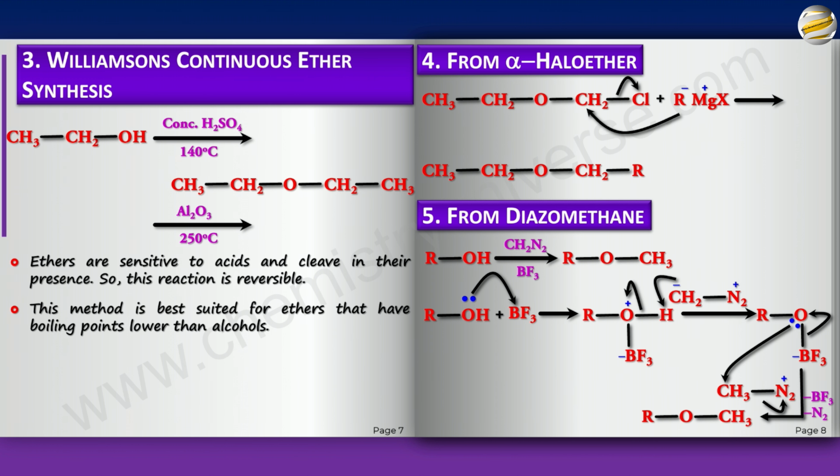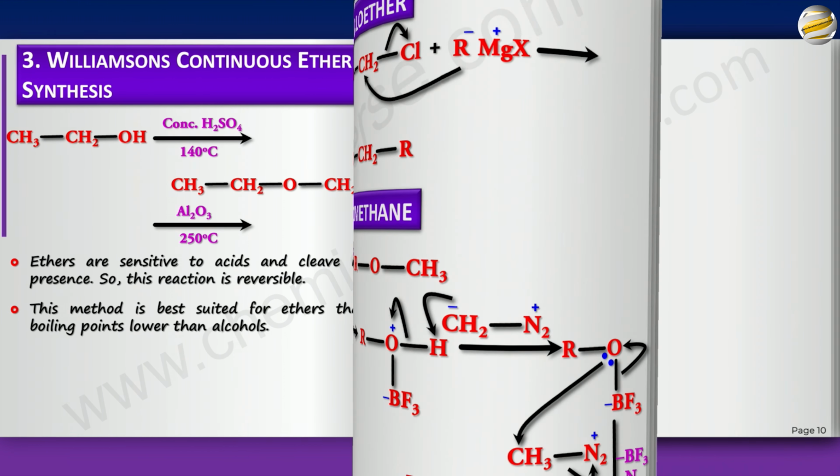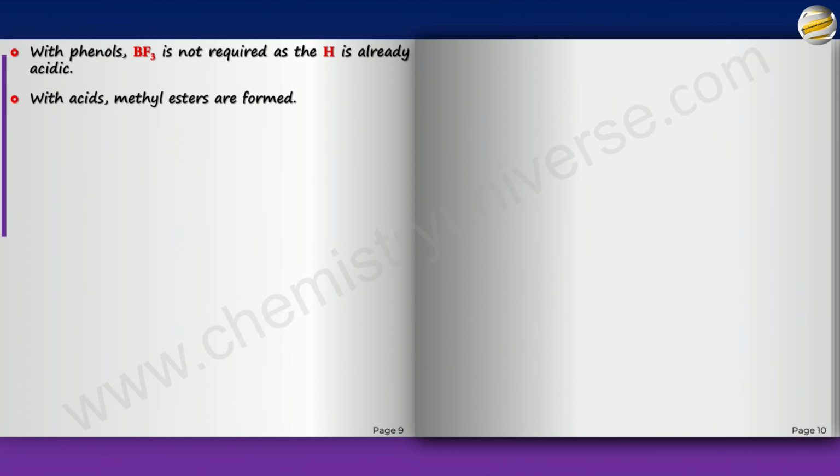All right. So you don't need BF3 for phenols because phenols are themselves acidic enough to give the H plus to the C minus. And if you were to use acid instead of alcohol in this case, you'll get methyl esters. And that we will discuss when we do the preparation of esters.